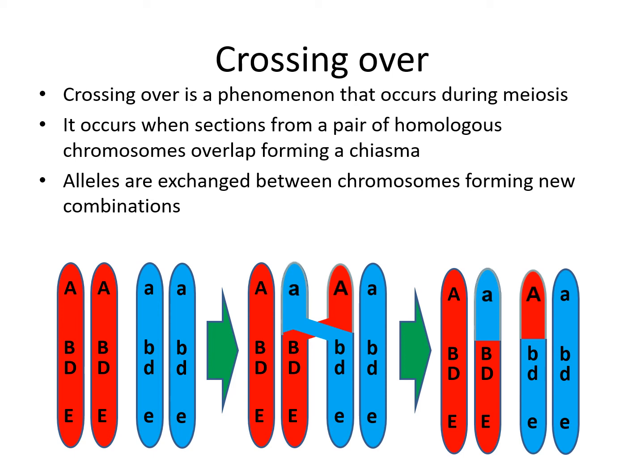This is how we can end up with the other sets of gametes. As you can see in the diagram at the bottom, in the 2 middle chromosomes, the uppercase A and the lowercase a have basically swapped over and exchanged, and we now have more variation caused by the recombination of the A gene with the rest of the chromosome.